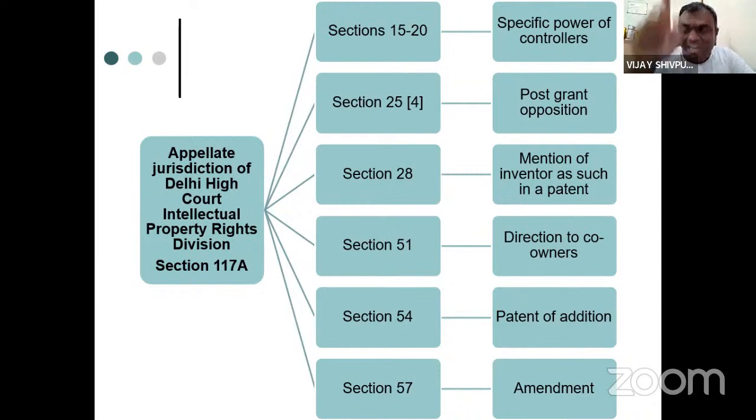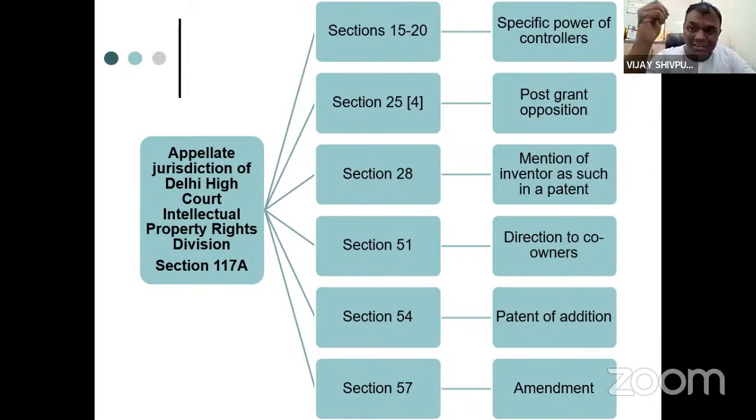But if you look at this, section 21 doesn't have any appellate authority to IPAB. Eventually, section 21 doesn't have any appellate authority to the Delhi High Court Intellectual Property Rights Division.